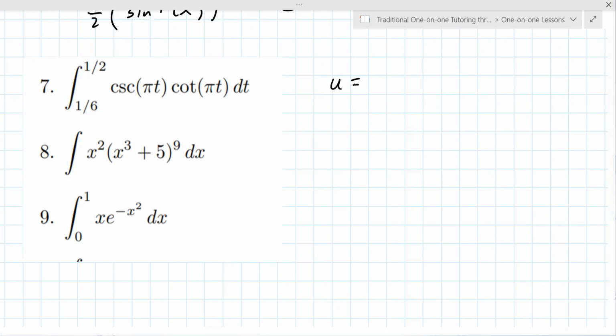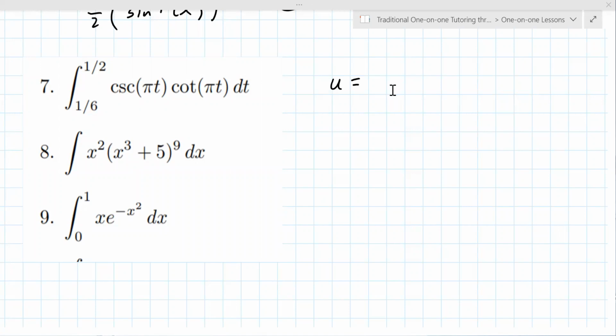So cotangent pi t. What is the derivative of cotangent pi t, or the derivative of cotangent? Cotangent is like secant. No, that's a lie. I don't know. So the derivative of cotangent is cosecant squared.